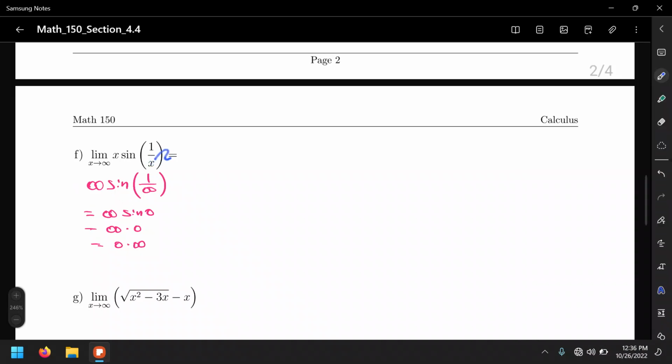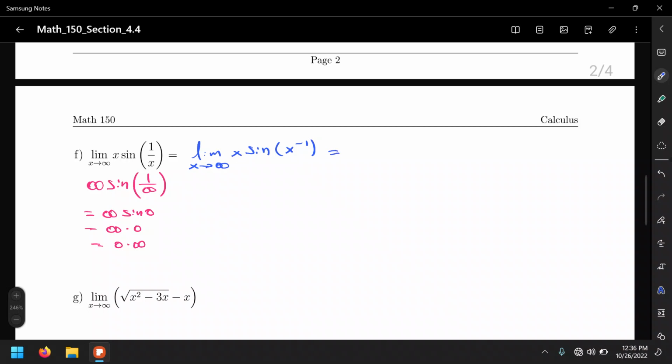I'm going to write this 1 over x in the numerator, so we can easily differentiate, because eventually we will differentiate this sine of 1 over x, and we cannot differentiate the 1 over x while the x is in the denominator. We need to write it, first of all, x times sine of x to the negative 1. Well, that's still not a quotient, right?